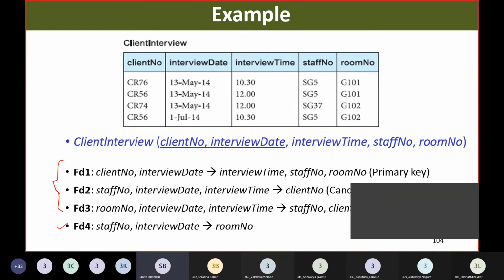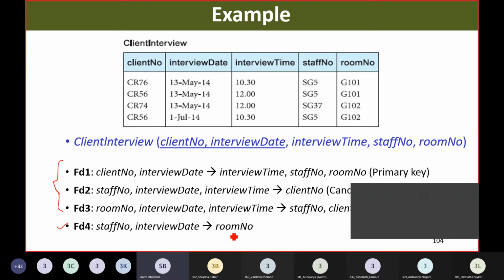Just look at this dependency. What are we saying? Staff number, interview date determines room number. In fact, in our description, we have been provided with one statement: the members of staff involved in interviewing clients are allocated to a specific room on the day of interview. So for a specific staff on a specific date, a specific room number has been allocated.